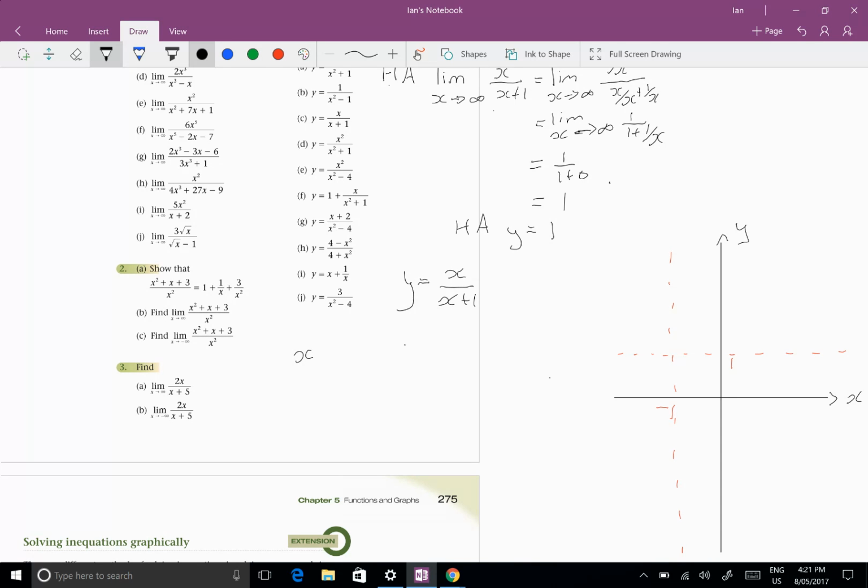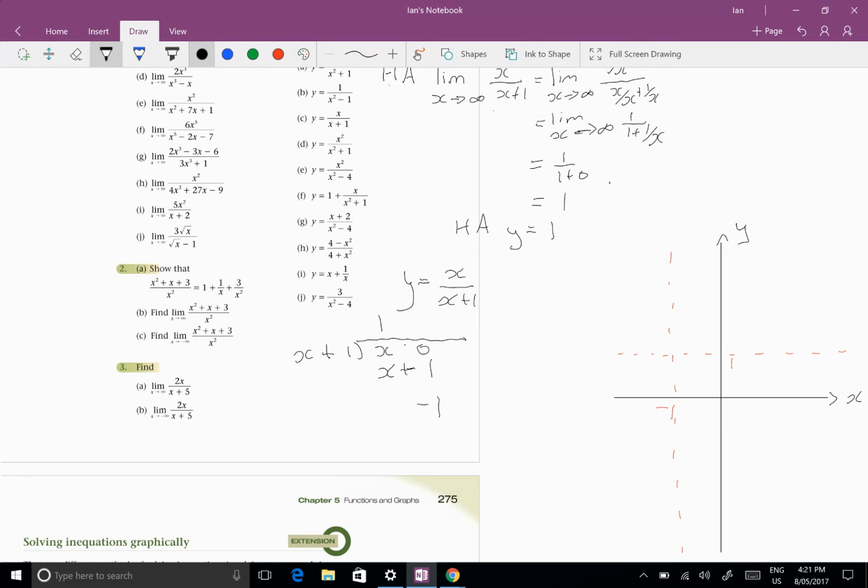So I'm going to do a polynomial division here of x over x plus 1. If I multiply that by 1, I'll get x plus 1. If I do that subtraction, I'll get 0 minus 1, which gives me -1.